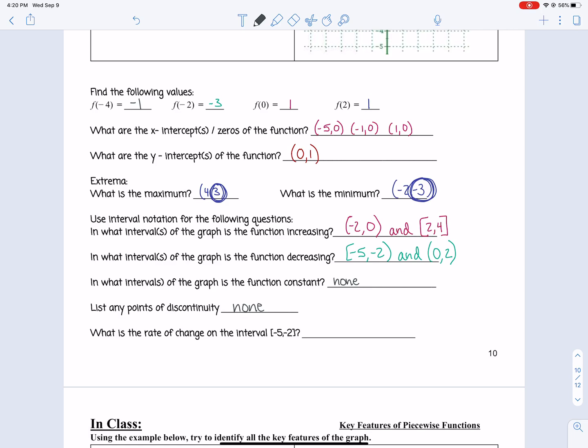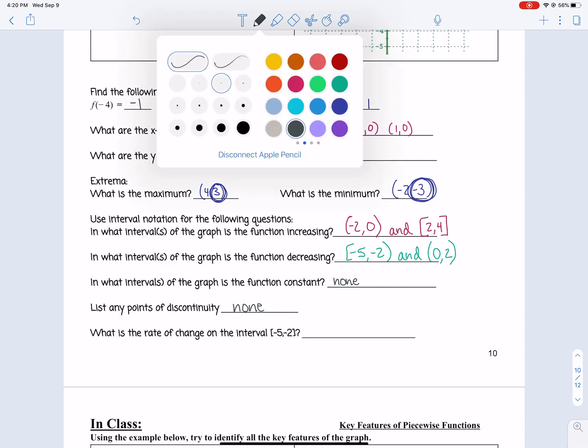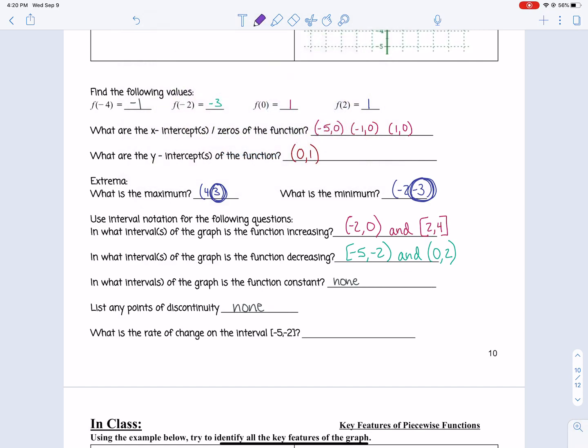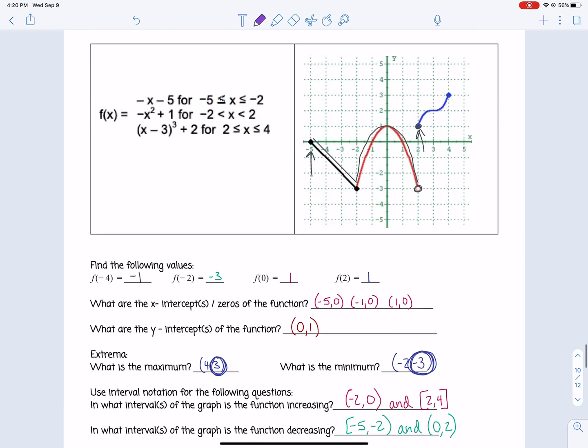And it says, what is the rate of change on the interval from -5 to -2? And so what we need to do is look at x equals -5 and find what the point would be right there. So -5, let me erase that extra stuff again. -5, 0 is that point.